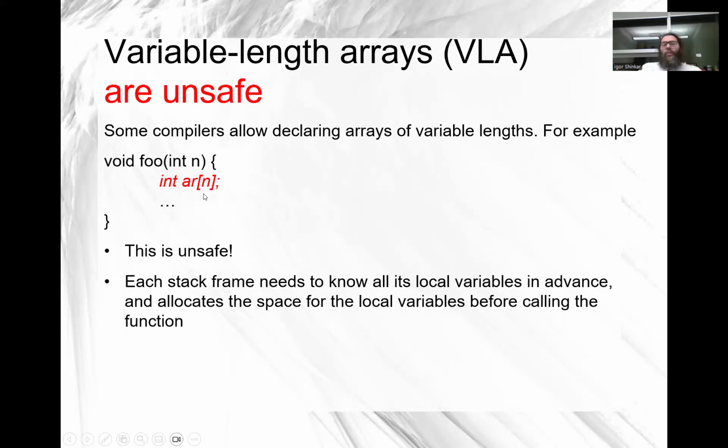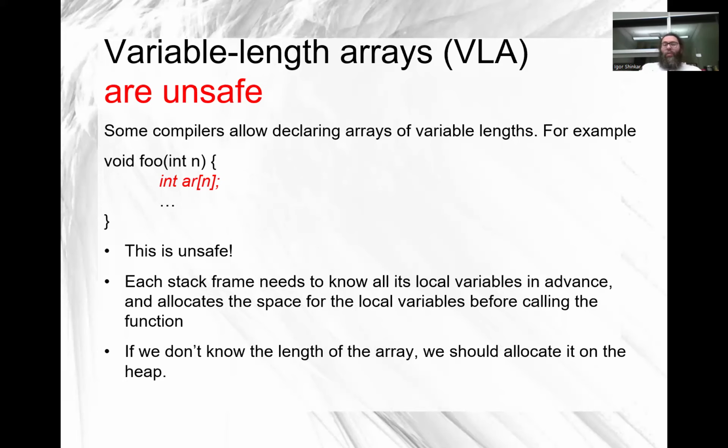And when we allow these variable length arrays, it doesn't go as smoothly. It doesn't know how much memory to allocate for each stack frame. So please don't do that. This is the rule: if we don't know the length of the array, just allocate it on the heap.